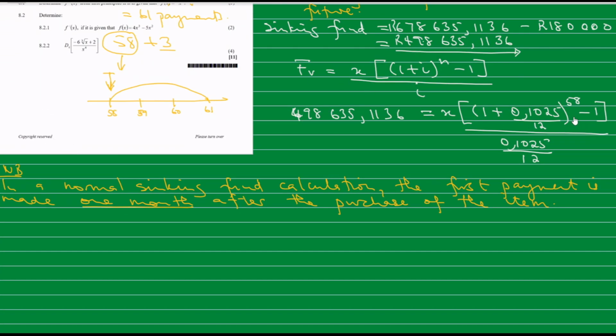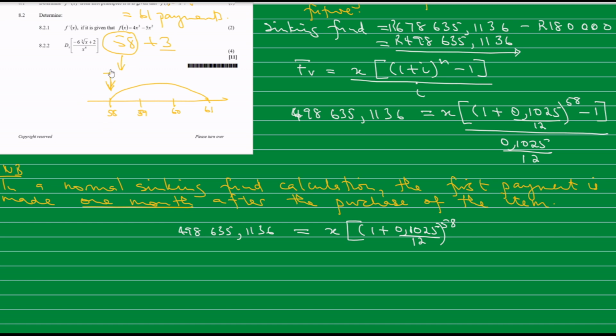So as a result, we are going to have the complete formula as follows: 498,635.1136 should be equal to x times 1 plus 0.1025 over 12 to the power 58.